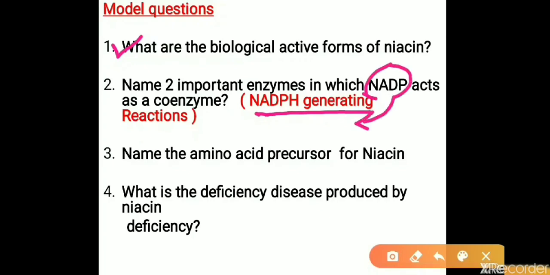What are the reactions? They are the reactions in the oxidative phase of the HMP shunt pathway, mediated by the glucose 6-phosphate dehydrogenase enzyme and the 6-phosphogluconate dehydrogenase enzyme. These are the two enzymatic reactions where our body cells produce NADPH.